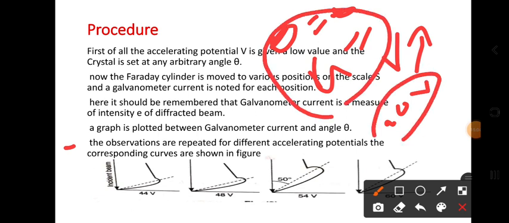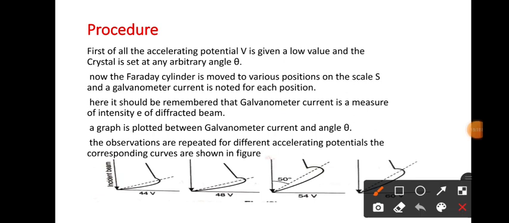Next, increase the potential from 20 to 40, again increase the potential and do the same thing. Next 44, 48, 54, 60, like this. At different values of V, we calculate the galvanometer current as well as the angle, and at each value draw one graph. So at different potentials, we get different graphs like this.